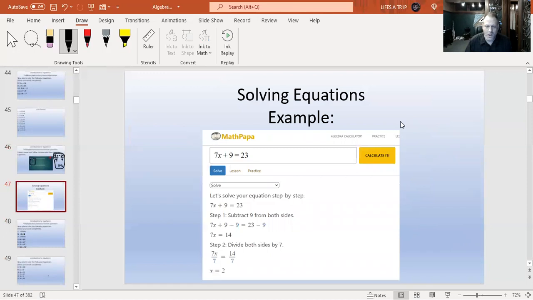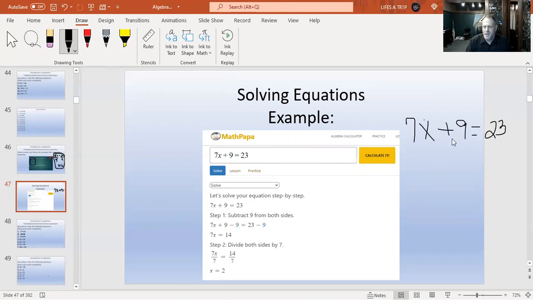Let's actually start at the top of the equation. So 7x plus 9. You can follow along on the left-hand side of this problem for the Math Papa screenshot.